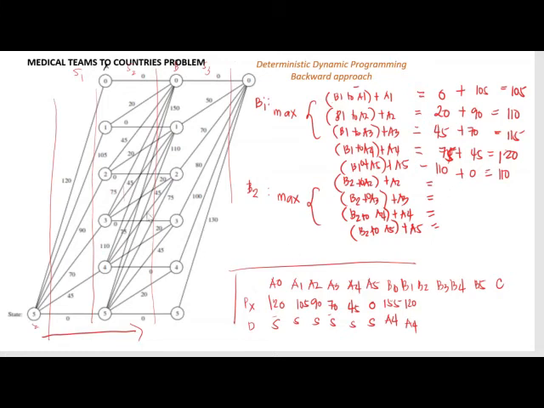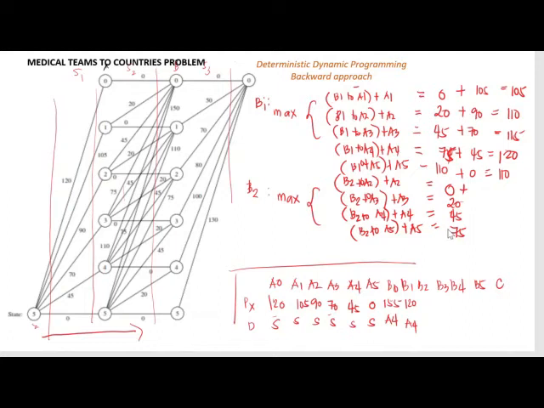So, let's get the values: B2 connection to 2 is 0, B2 connection to 3 is 20, B2 connection to 4 is 45, B2 connection to 5 is 75. Okay?